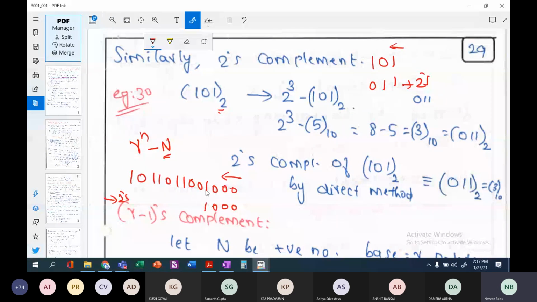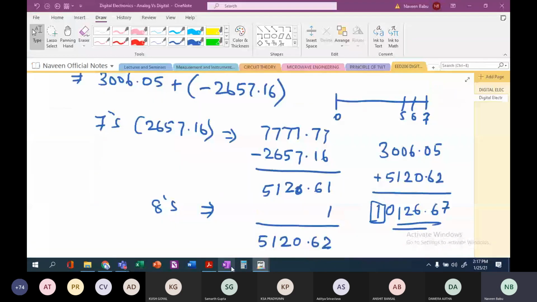Once I have met 1, after this I have to complement every bit that follows. So 0 gets converted to 1, 0 gets converted to 1, 1 gets converted to 0, 0, 1, 0, 0, 1, 0. And this is the 2's complement of this number. If you want, you can verify.